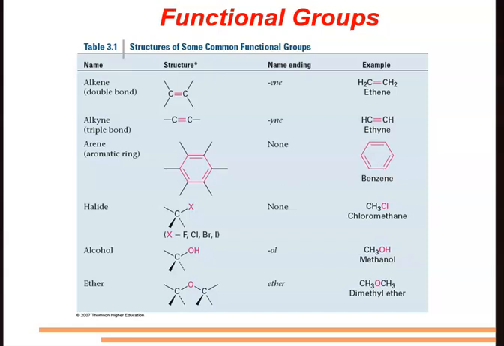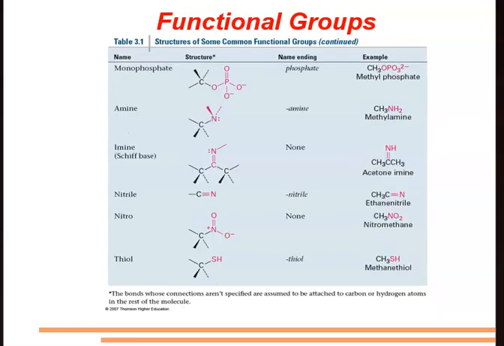In your textbook, you have a list of different functional groups, the most important ones we just discussed. There is another one called nitrile, that is RCN, cyanide. That is another important functional group you should know. And nitro, RNO2, that's a nitro group.